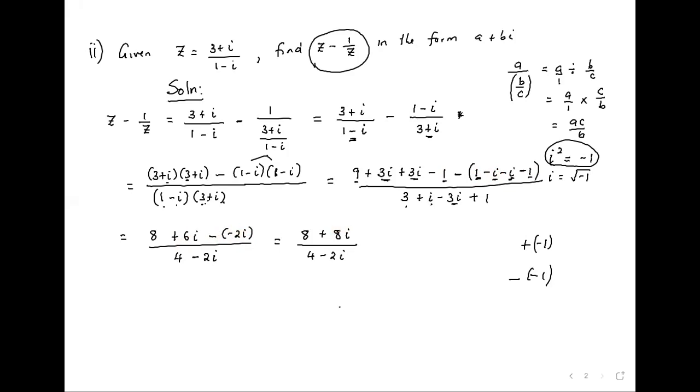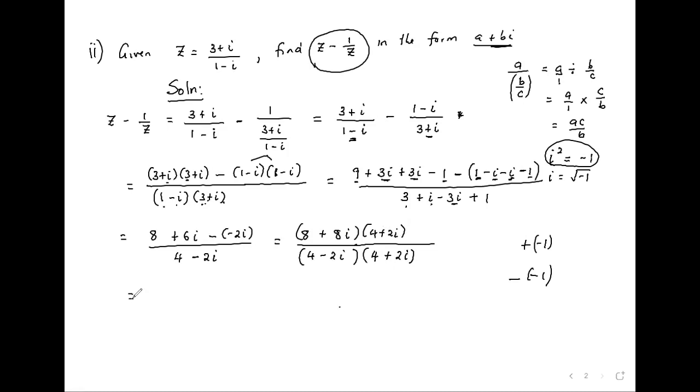The question says in the form a plus bi, meaning we have to conjugate now. To conjugate, you multiply the denominator by the very 4. Now you put plus 2i. You do the same in the numerator.